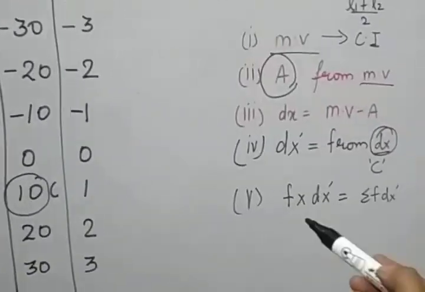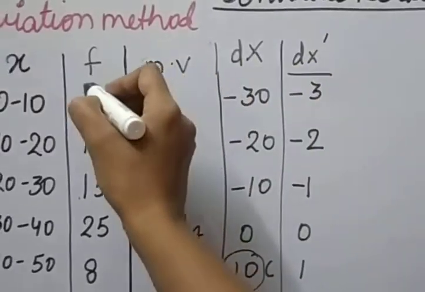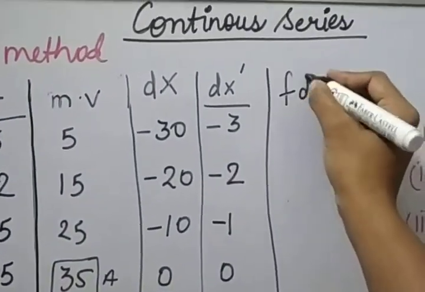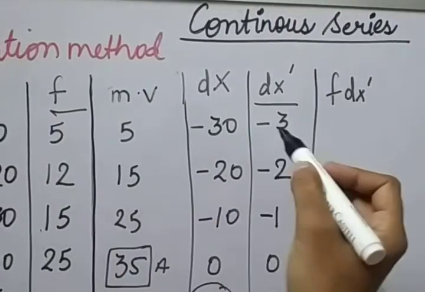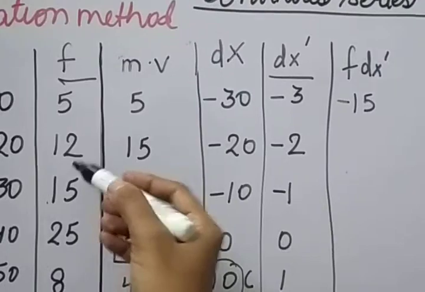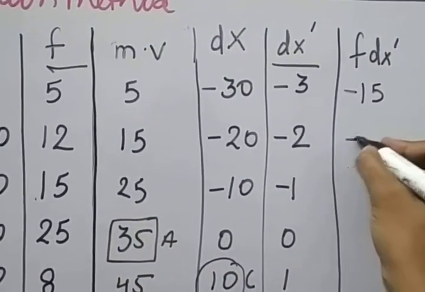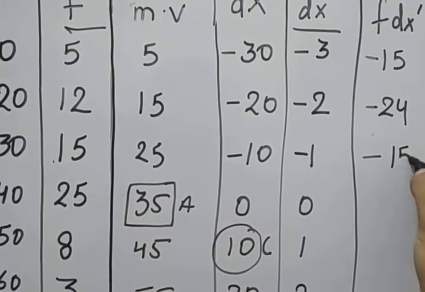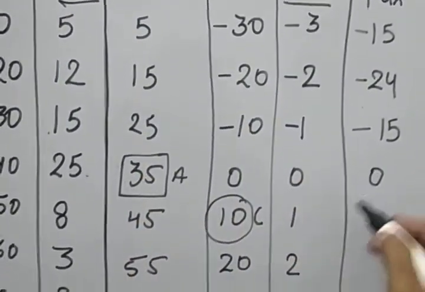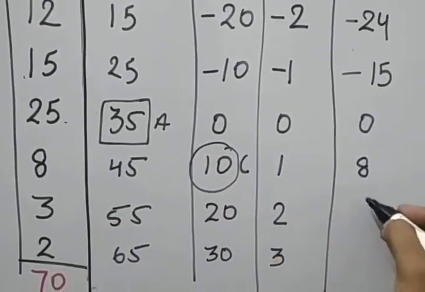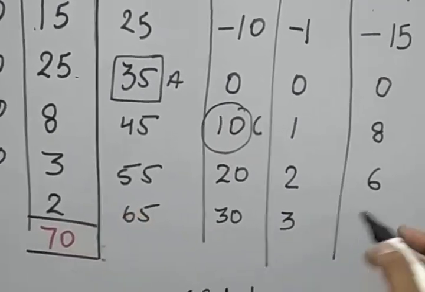Now your last step is frequency should be multiplied with dx dash. This is your dx dash, this one is your frequency. Now multiply f into dx dash. 5 into minus 3, minus 15; 12 into minus 2, minus 24; 15 into minus 1, minus 15; 25 into 0, 0; 8 into 1, 8; 3 into 2, 6; and 2 into 3, 6.